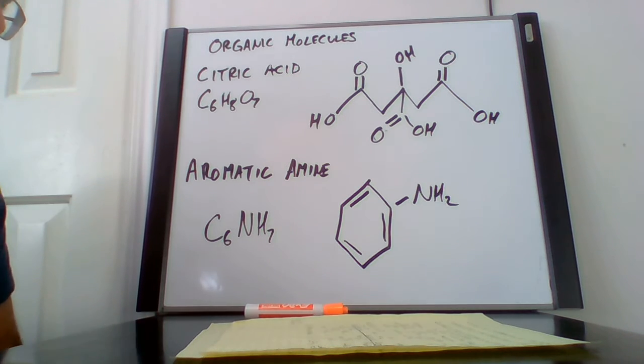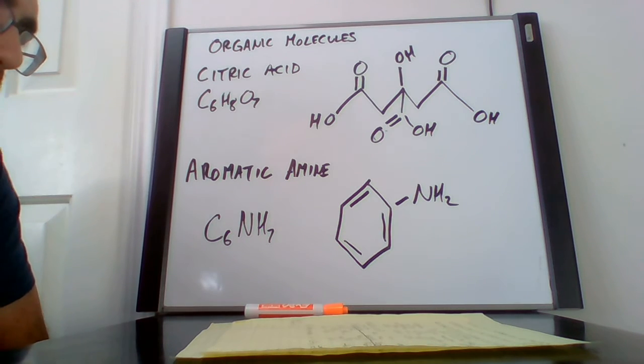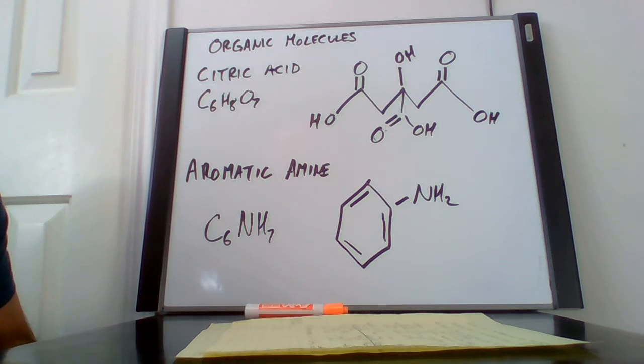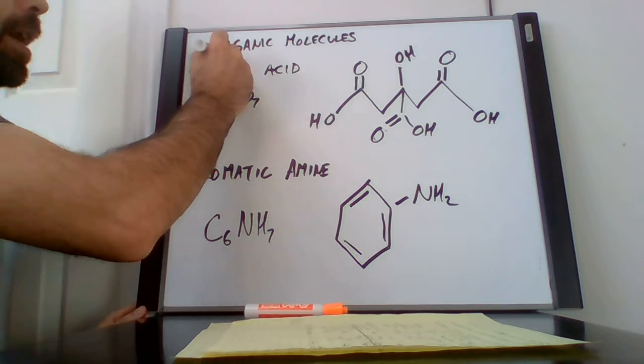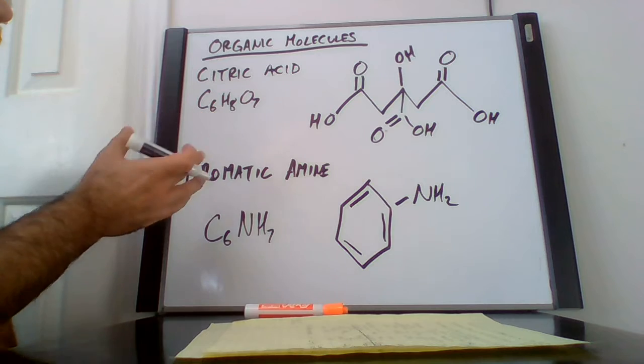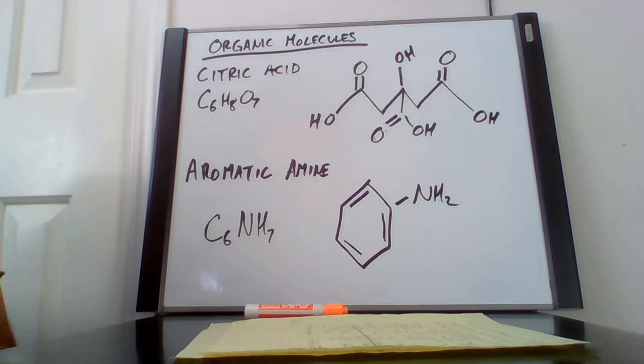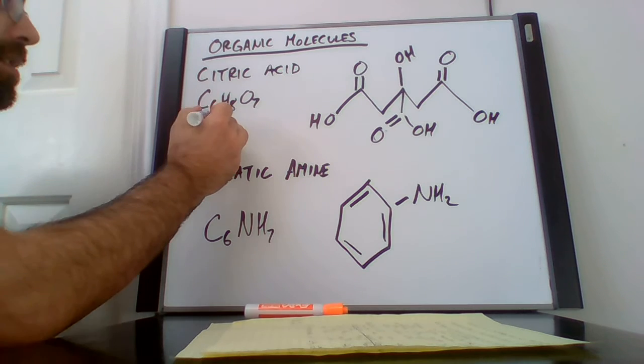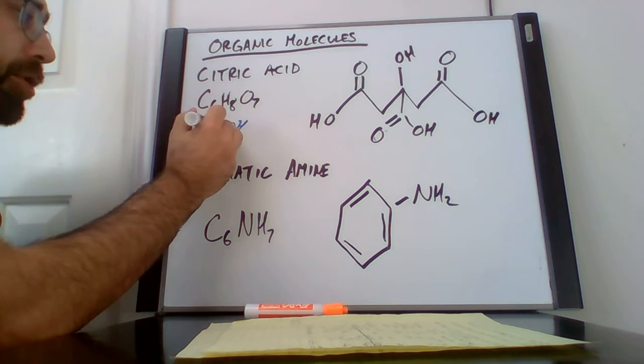In your notes, you'll notice that I've got a comment about being aware of some organic molecules. A couple of organic molecules can act as acids or as bases, depending on what we're looking at. When we're looking at citric acid, it does tell us it's an acid in the name, but what we're really looking for is these COOH groups.